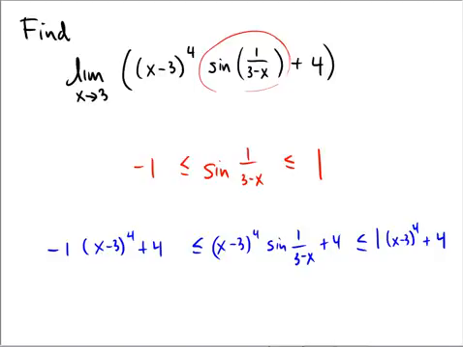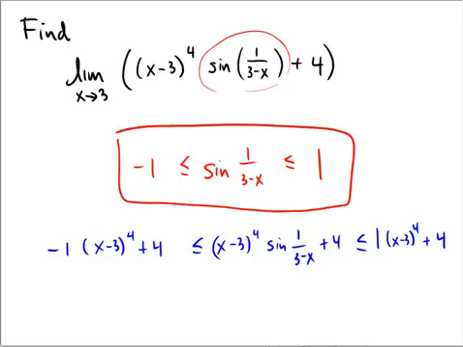Because since -1 is always less than or equal to sine, which is less than or equal to 1, then multiplying by (x - 3)⁴ and adding 4 will still maintain that inequality.